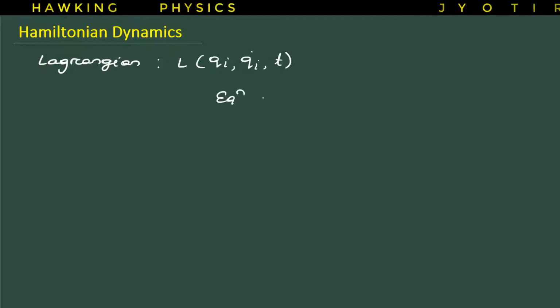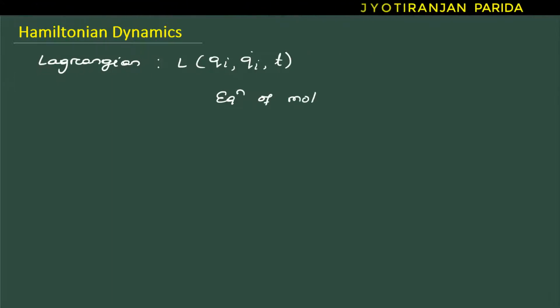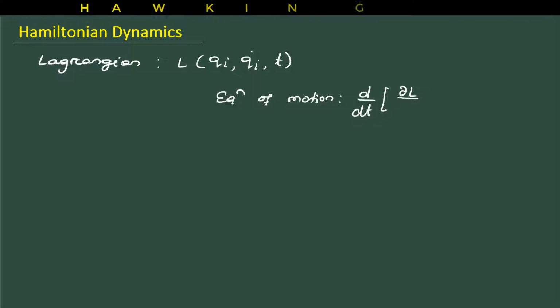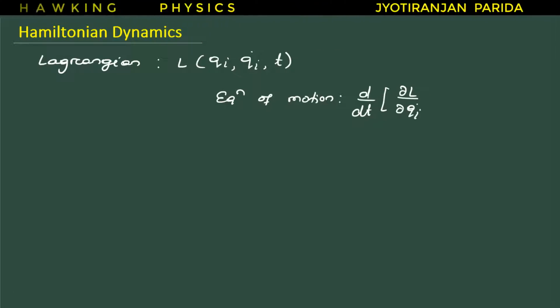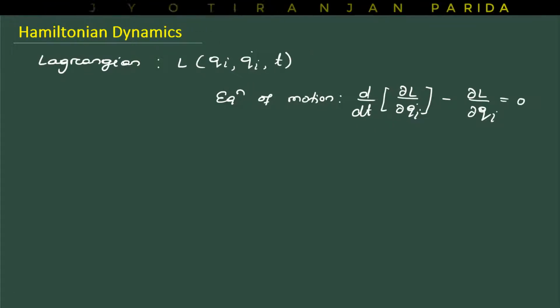We all know the Lagrangian L is a function of the generalized coordinate qi, the generalized velocity qi dot, and time. Yes or no? And the Lagrangian equation of motion is d by dt of ∂L by ∂qi dot minus ∂L by ∂qi is equal to 0.